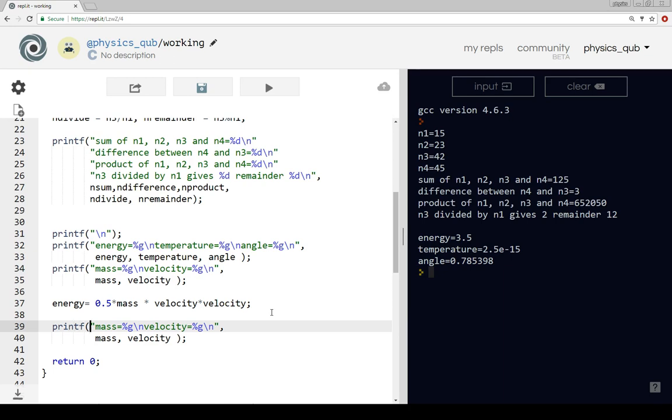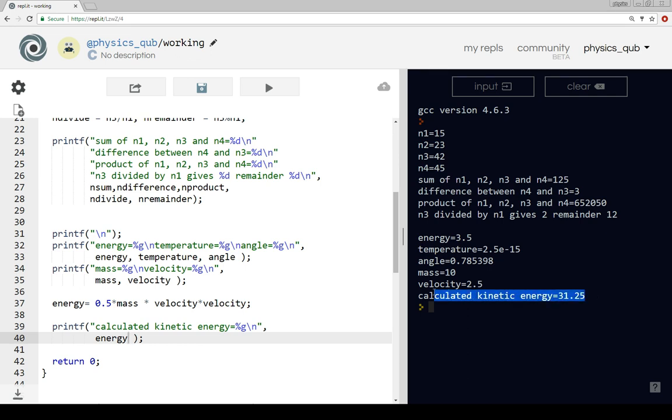So let's have a statement here that says calculated kinetic energy equal to %G. So that should run.